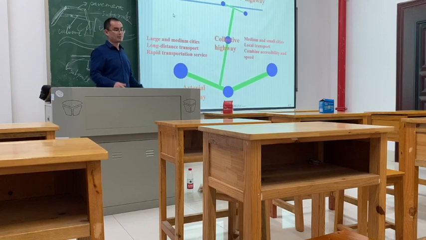So this is a map of the highway system. The widest green line is the arterial highway, which connects different cities.